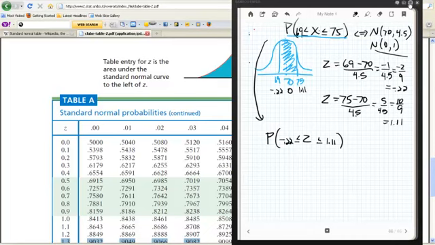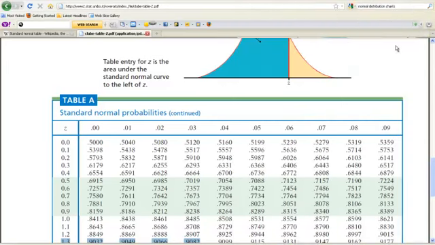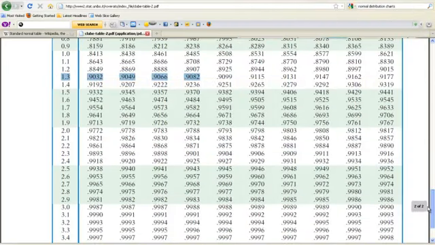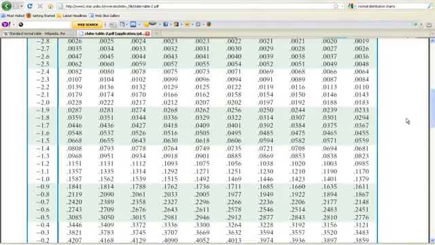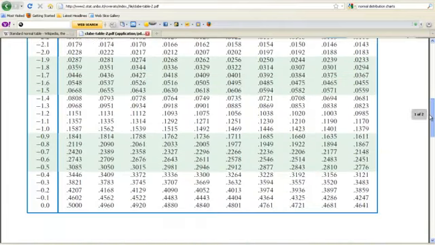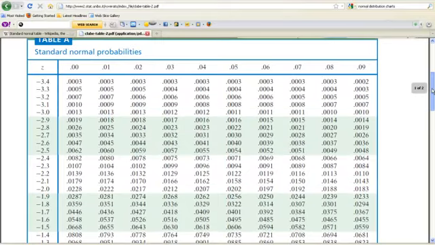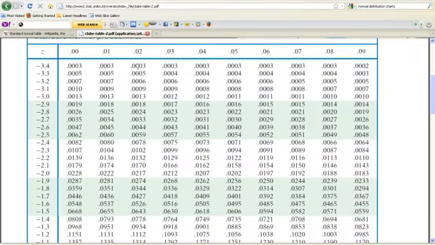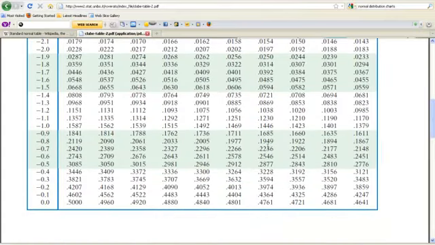Okay, you ready? So, let's go over to our chart. Let's see, I need to find some negatives. This part of the chart doesn't have any negatives. Let's go over here. So, what did I say? Negative 0.22. So, that's 0.02 right here. I'm going to follow this column down until I get to negative 0.2.